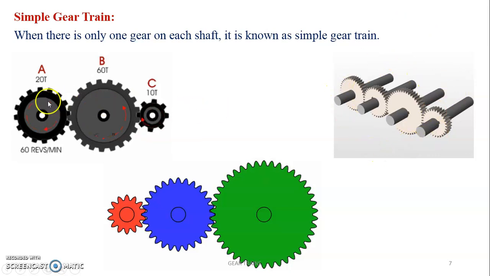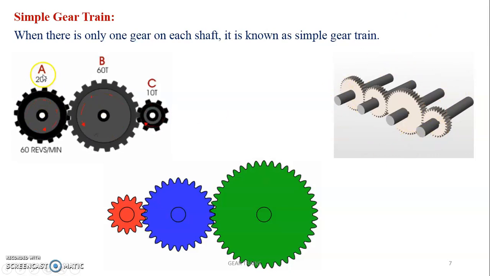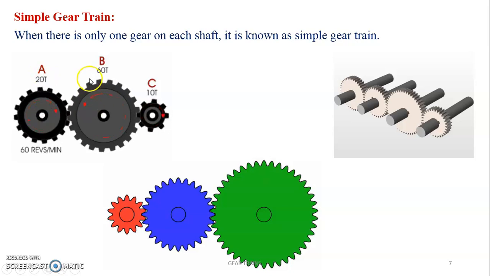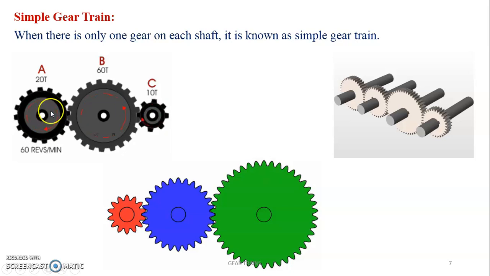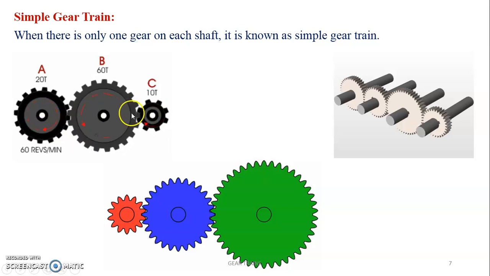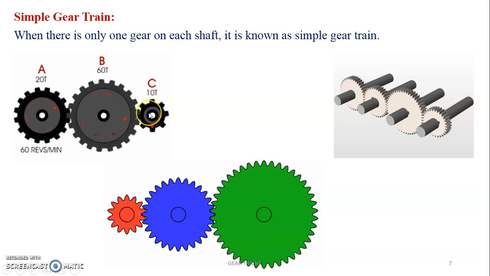Even here, gear A is keyed to shaft A, gear B is keyed to shaft B, and gear C is keyed to shaft C. Hence, A rotates, A is in mesh with B, and it makes B rotate. B is in mesh with gear C, and it makes C rotate.